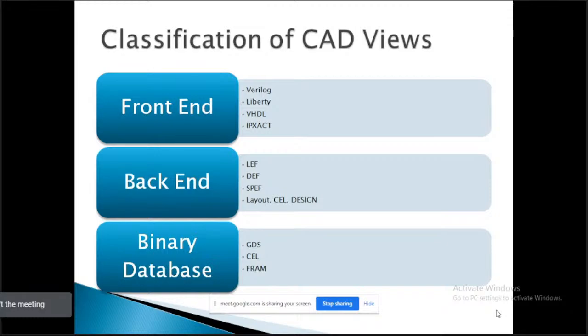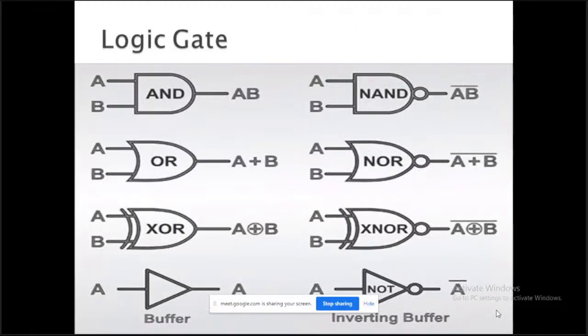So those all come in the backend. And finally, after completion of the IP, we create one final database, the GDS form, which is a binary database. It goes to the foundry for the fabrication process.